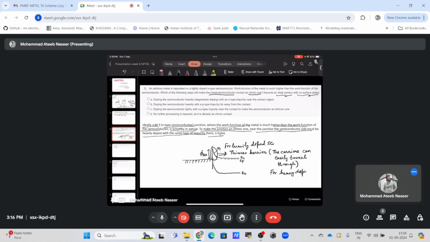So we have to dope the semiconductor heavily with n-type near the contact region. Option A is the correct option: the semiconductor has to be doped heavily, degenerately, near the contact region, that is, the semiconductor interface.